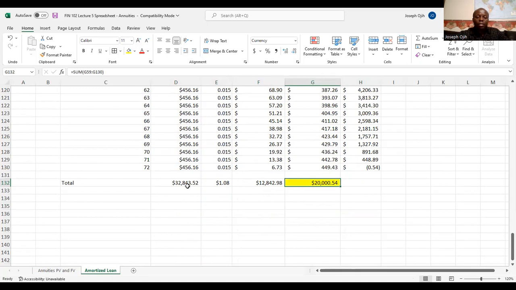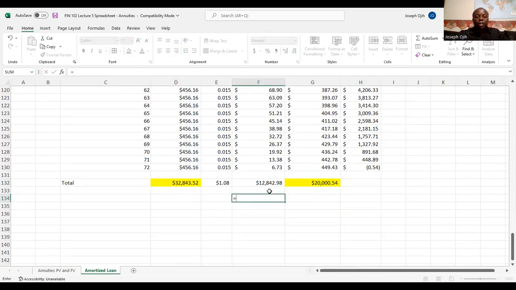Now, how much did the bank receive when you add the interest, everything you paid. So by giving you a loan of 20,000, the bank received back, you paid back $32,843.52. And when you add the interest plus the balance you paid, we discover it gives you the same thing here.